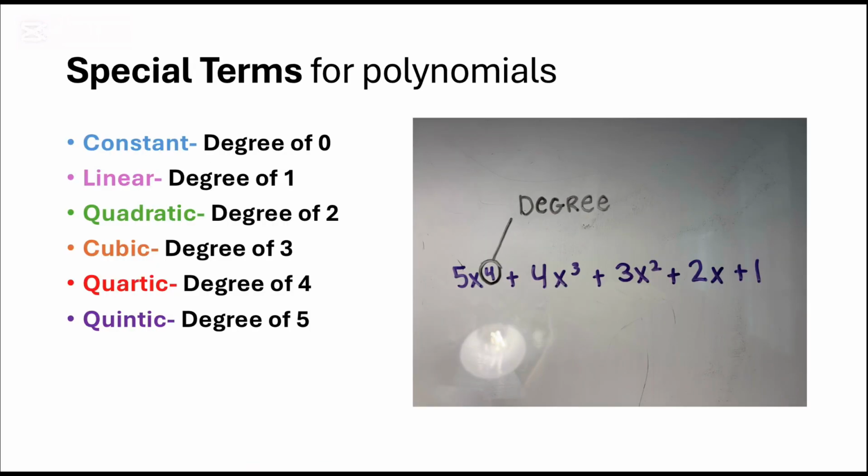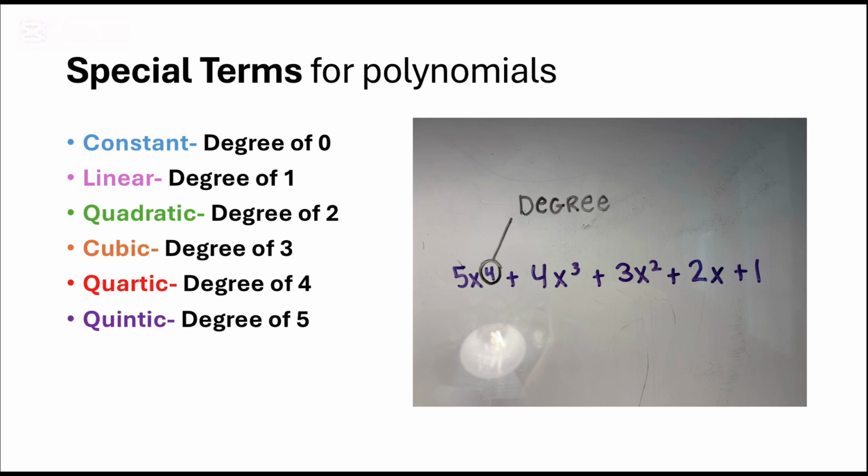So there are special terms for polynomials. Each of these special terms is identified by the degree. When we use the word constant, the degree must be 0. When we're using the word linear, the degree must be 1. If it's quadratic, the degree must be 2.